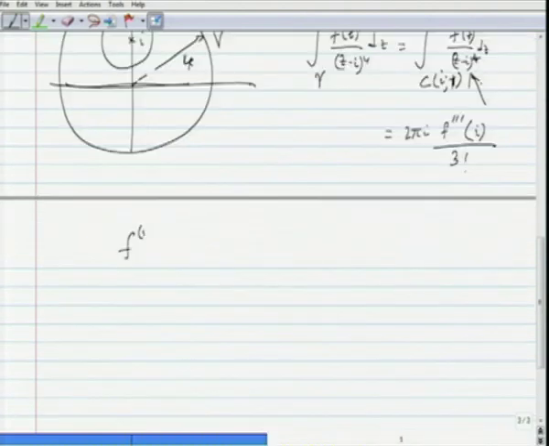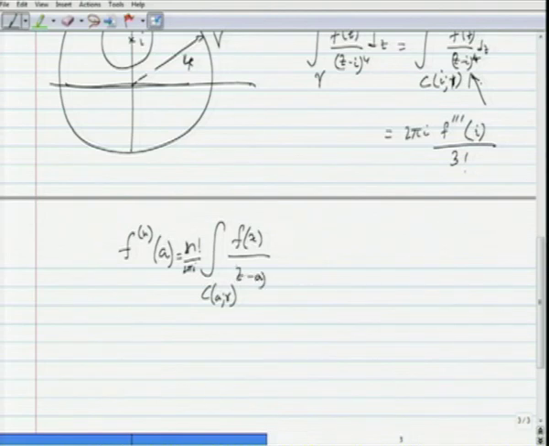For higher derivatives, we had the following formula: the integration over C_a,r of f of z by (z minus a) power n plus 1 dz equals 2 pi i over n factorial times f^(n) of a.